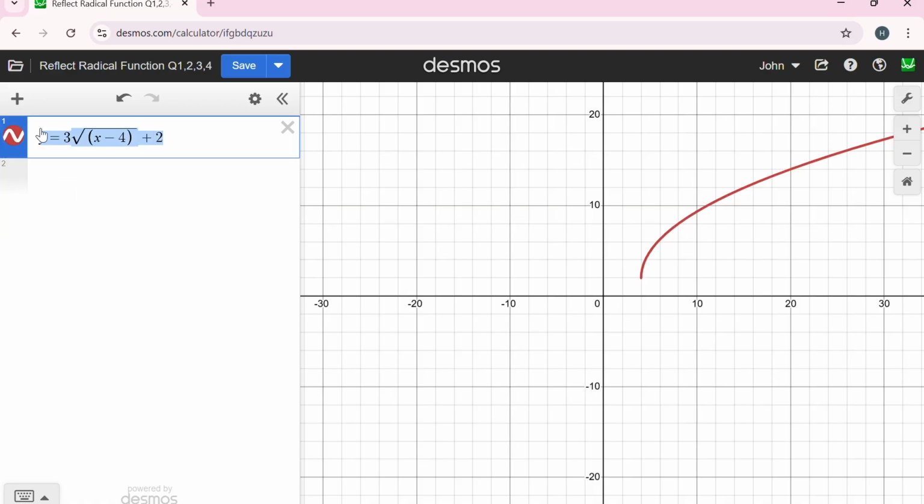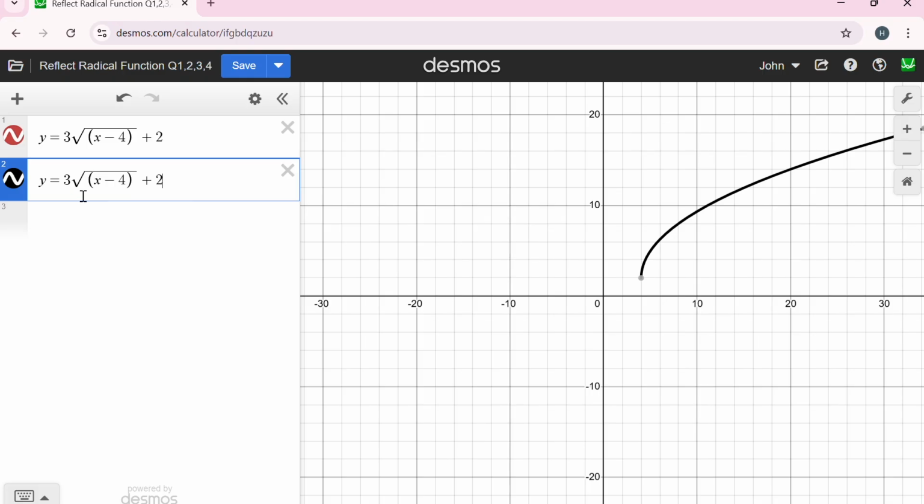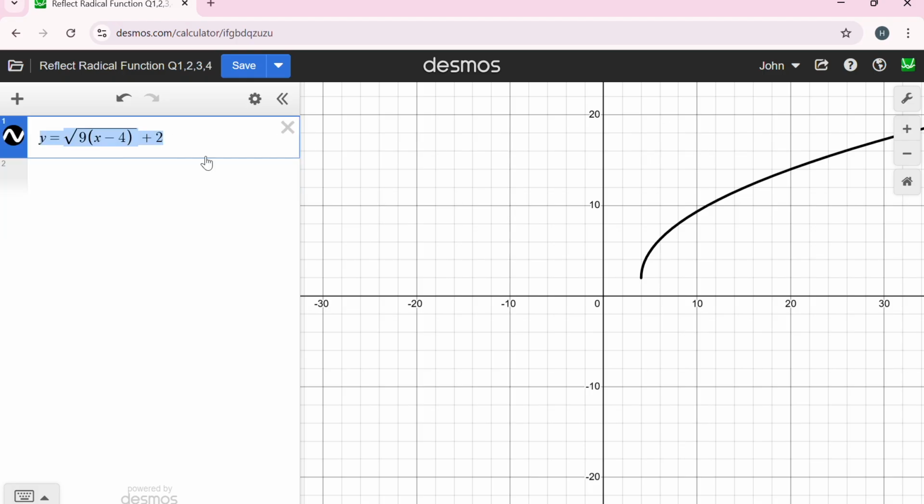So equation 1 is the graph with a vertical stretch. So this is vertical stretch. This one is the horizontal stretch version. So we're going to take the horizontal stretch version, and reflect it all into the various quadrants.